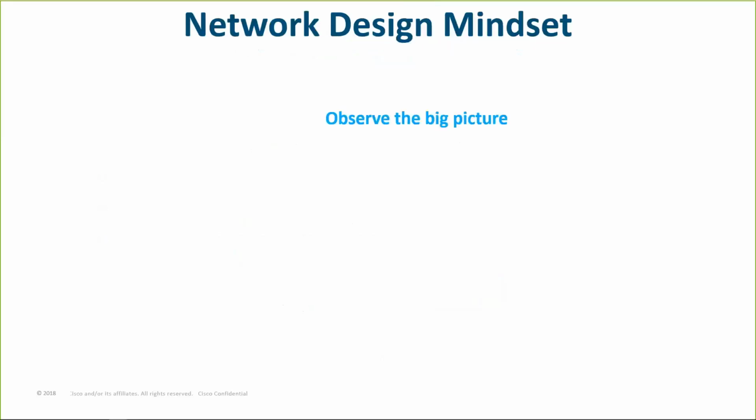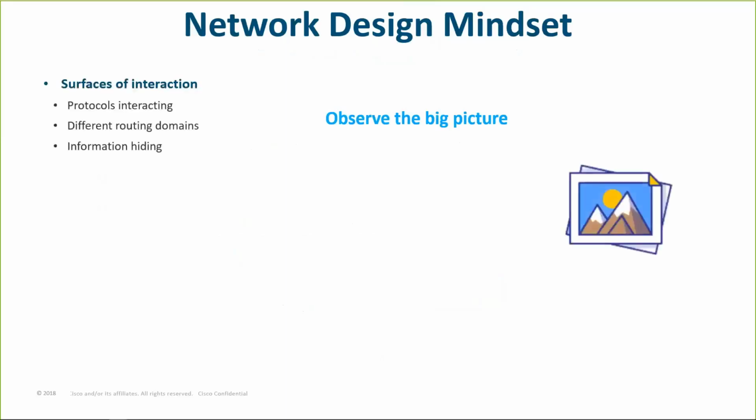So speaking about design mindset, I'm going specifically for observing the big picture. You will have surfaces of interaction. Where are the protocols interacting? Where am I, for instance, redistributing? Where are my routing domains? How big are my routing domains? How small are they? Do we have more than one routing domain for any reason?